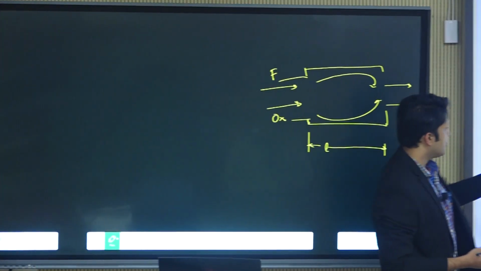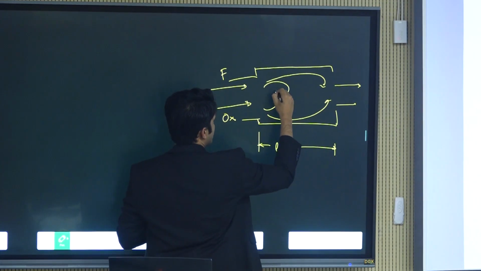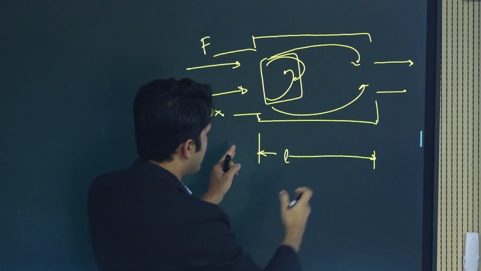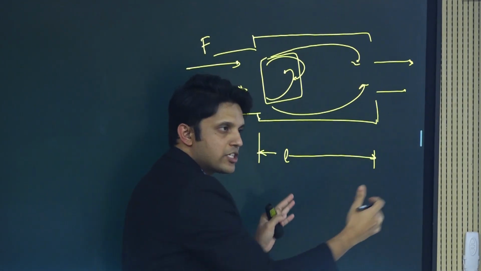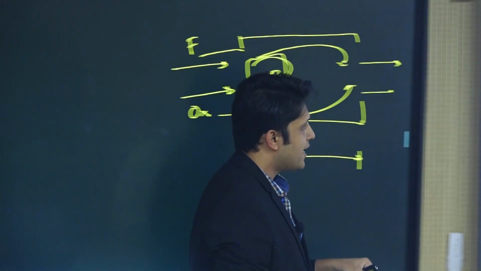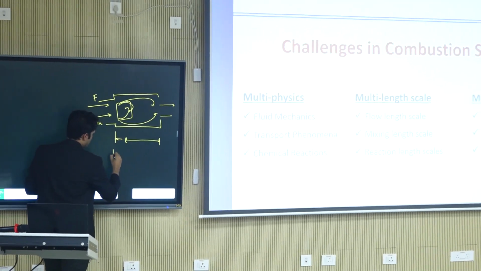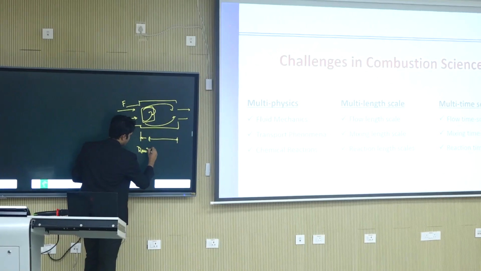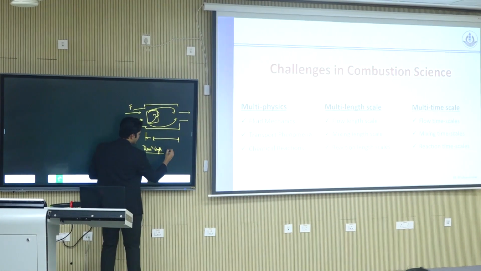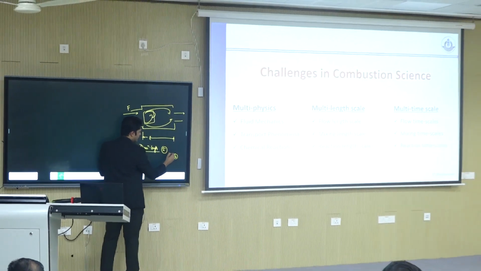Now mixing happens at a smaller length scale, right? The fuel and oxidizer might be mixing in a locally smaller zone compared to the actual length scale of the combustor or the reactor. So these two length scales are different. When you look at reaction length scales, these are the interaction of fuel and oxidizer molecules at the molecular level, right?